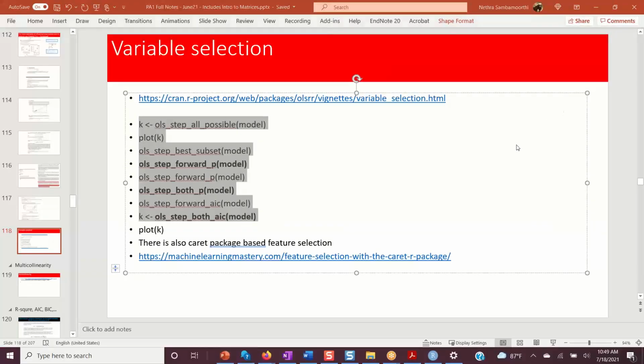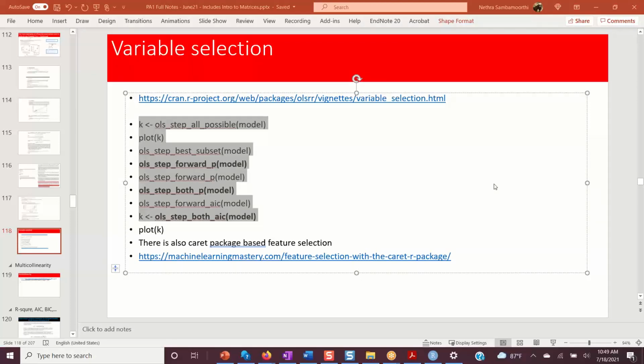Yes, sir. So what is the solution? Follow what I said so far. Maybe in the lab session we will show you an example of how to use the stepwise methods for variable selection, for finalizing the model.